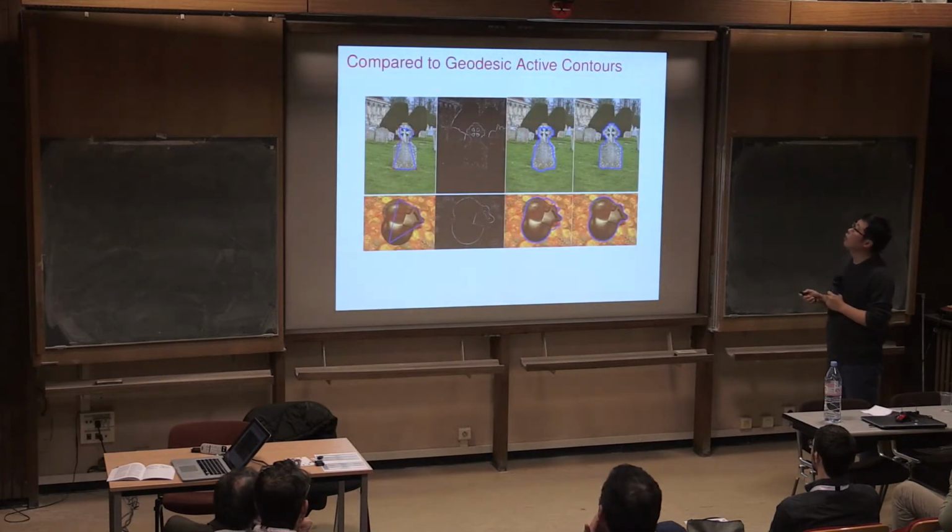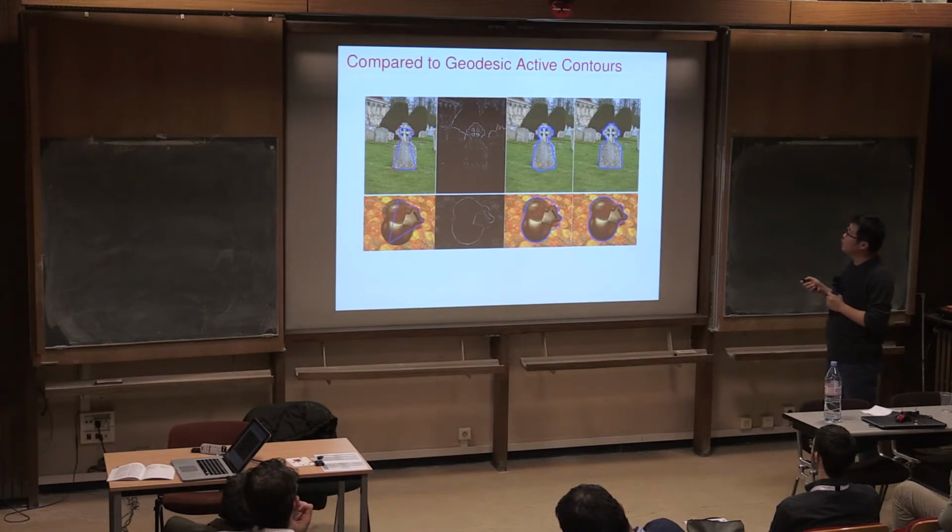Okay, here are some segmentation results compared to the geodesic active contours. In the first column we show the initial contour and the fixed points, and the second column shows the image gradient map. The third column is the geodesic active contour result, and finally there is our result.